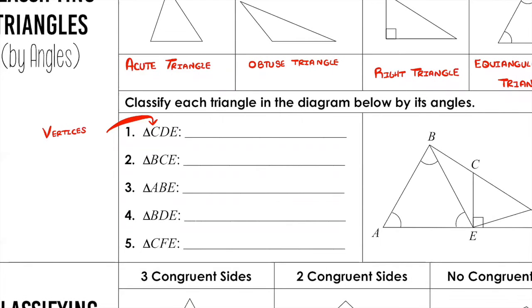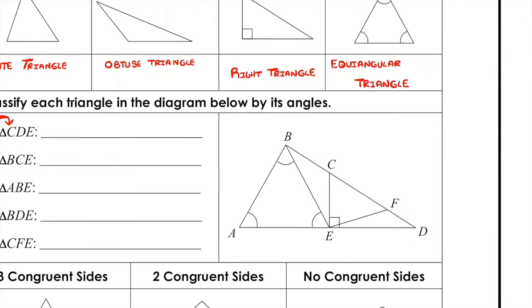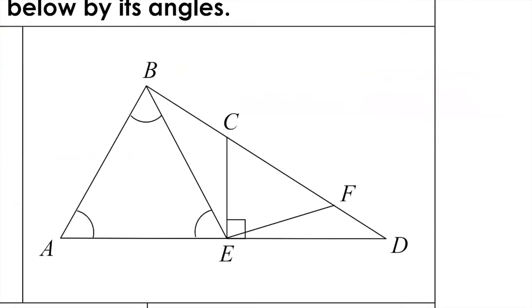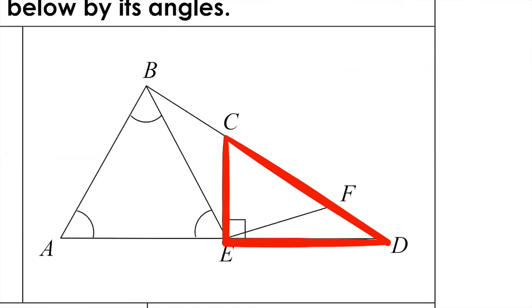And then we're going to go in order of the name. So triangle CDE, we're going to outline it. So C to D, D to E, and then close it up, C to E.